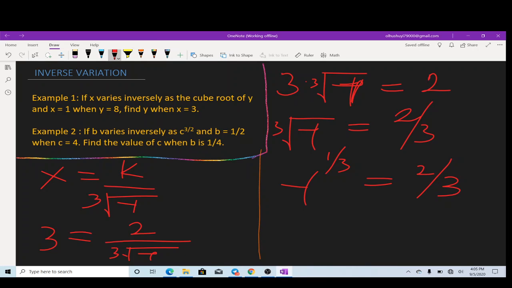Whatever you do to this power, you do to the power of this. Don't forget, this one has a power of 1.